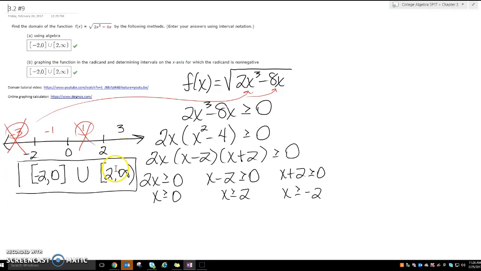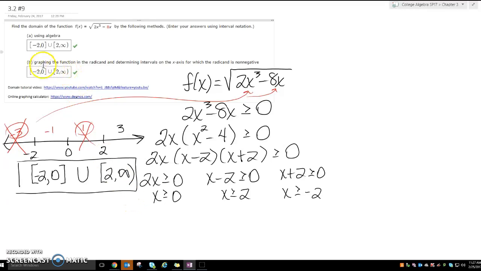My other interval begins at 2, and again, I can include that. If you're not sure, go ahead and plug in 2, and you'll see that it does work. Then I'm going to go all the way to infinity, because that interval is anything to the right of 2. And recall with infinity, I have to use a parenthesis.